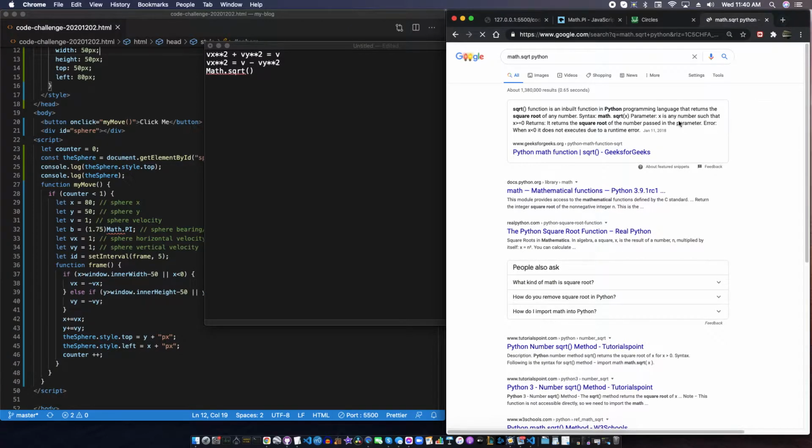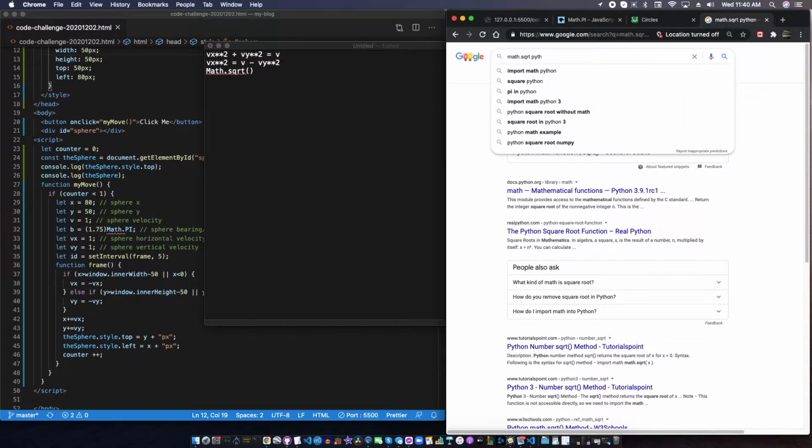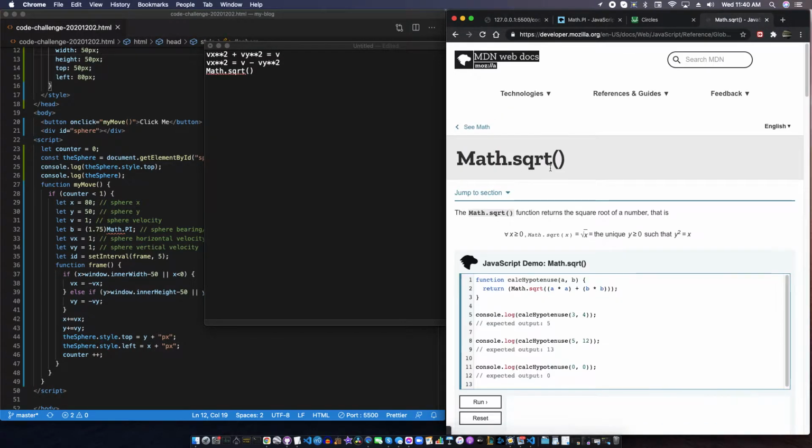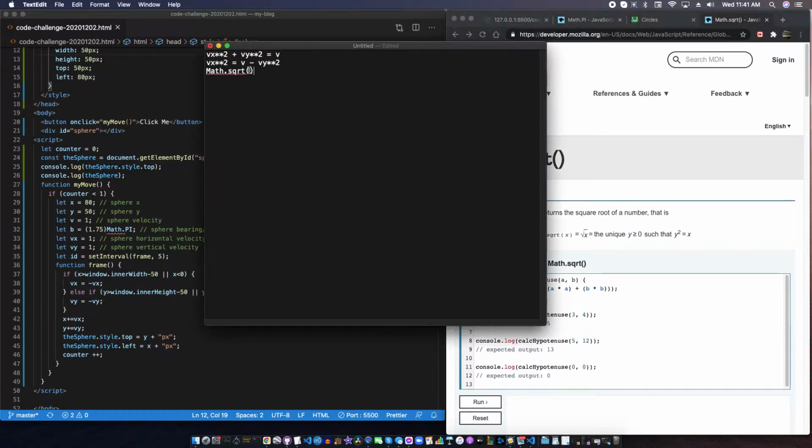Math.sqrt, not Python. JavaScript. There, math.sqrt. That's fun. A times A, yeah, A squared plus B squared. Calculate the hypotenuse. That's what we're doing. We're calculating the hypotenuse. Except, no, we know the hypotenuse.